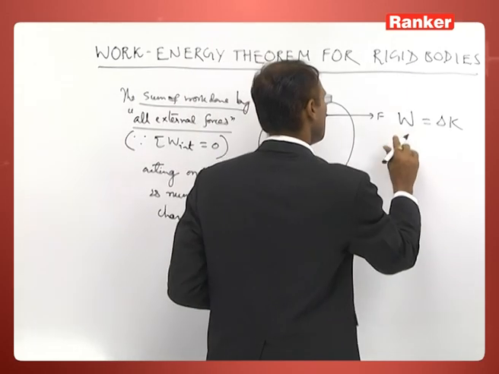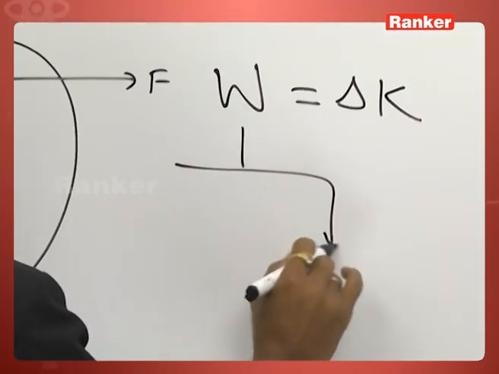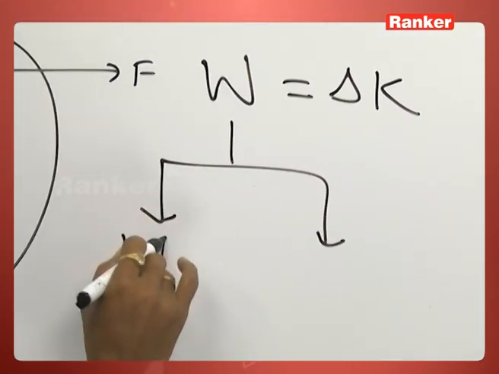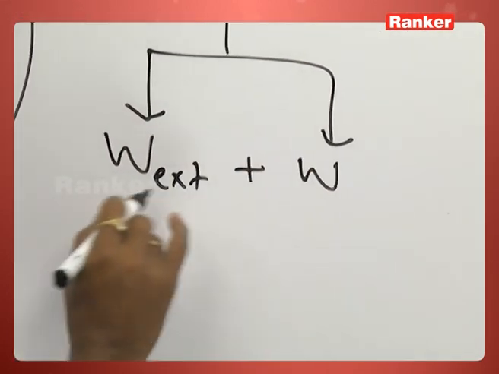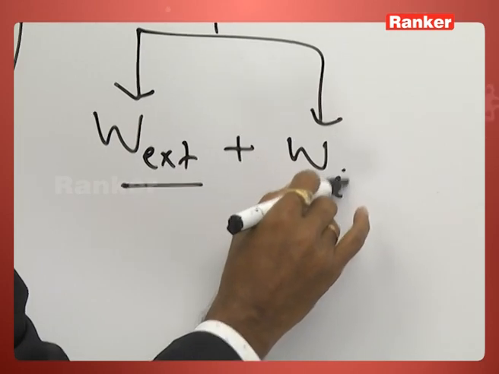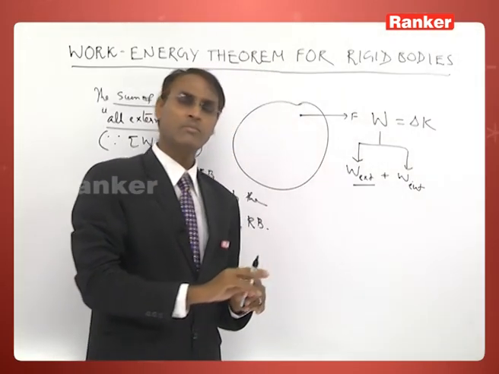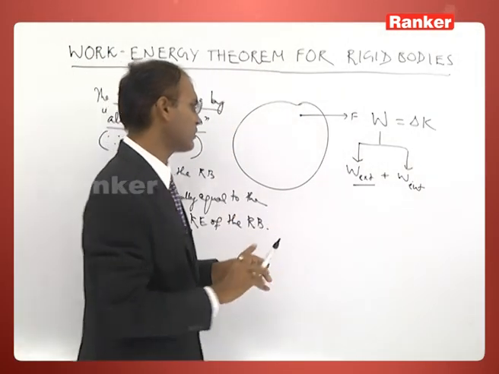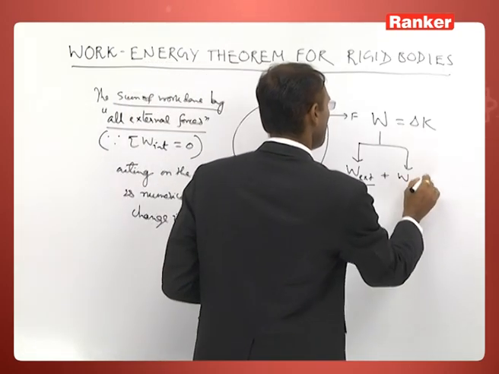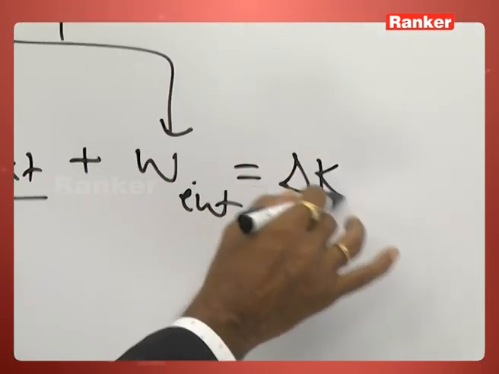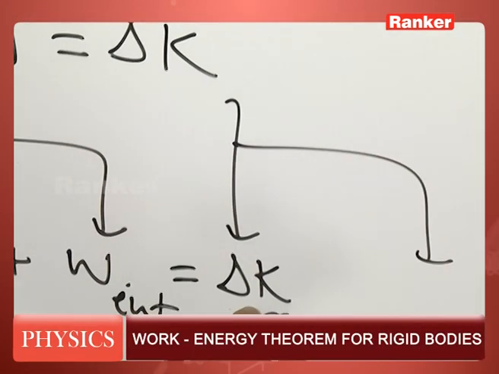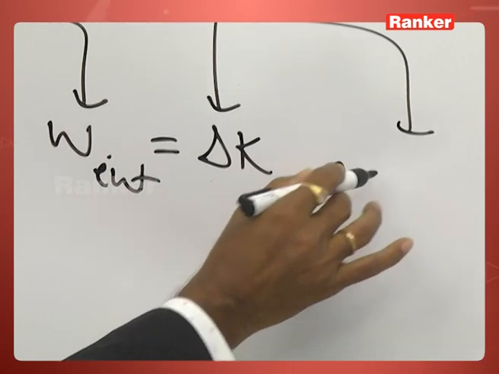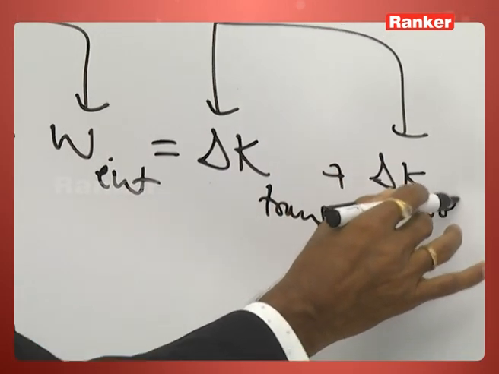When you say work for a system of particles, the work is divided into two types, external work and internal work. Work done by the internal forces plus work done by the external forces is equal to the change in kinetic energy, which can be subdivided into two parts: kinetic energy of translation and kinetic energy of rotation.